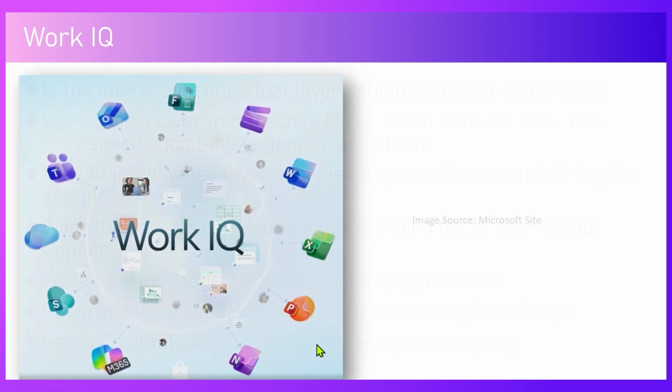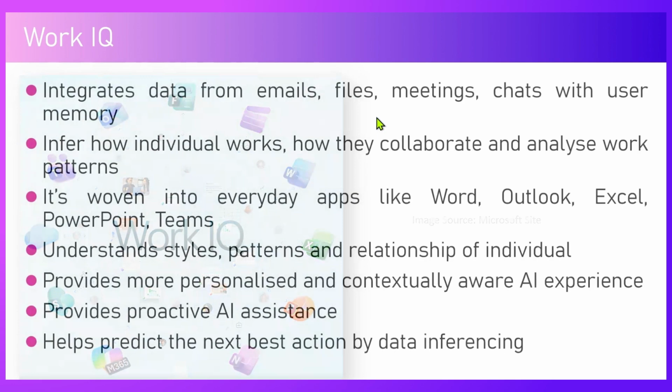Now, this is the diagram which I've taken from the Microsoft site. If you see here, Work IQ is in the center, and then there are other pieces around it: M365, SharePoint, OneDrive, Teams, Outlook, Forms, Clipchamp, Word, Excel, PowerPoint, and OneNote. It collects information from all these different systems and then provides you the context.